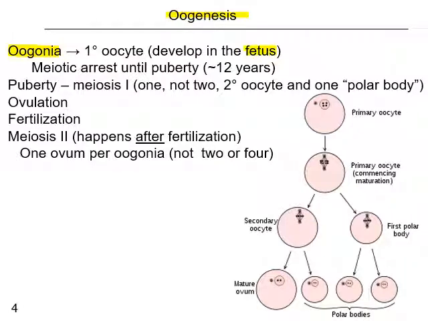So when the woman who is developing eggs was herself a fetus in the uterus of her mother, that's when her oogonia develop into primary oocytes in the ovary of the fetus. But then they undergo meiotic arrest and nothing happens with them until that woman reaches puberty.